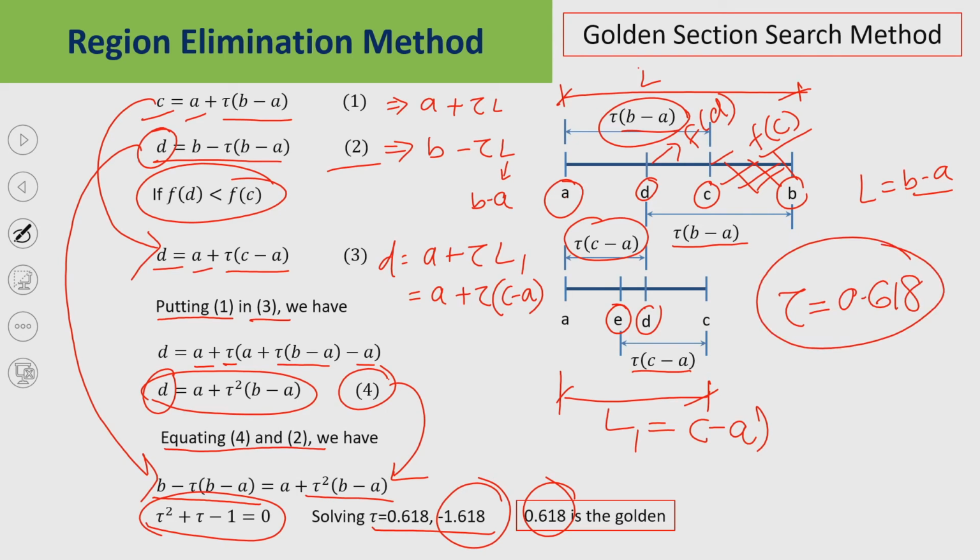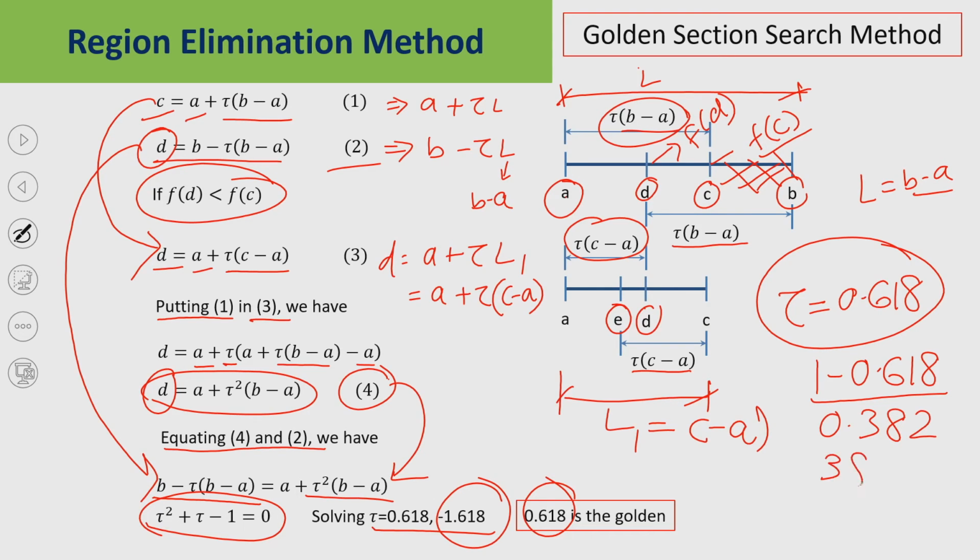Okay. So, therefore, if you are using tau is equal to 0.618, then every iteration how much area you can eliminate? You can eliminate 1 minus 0.618, which is equal to 0.382. Okay.